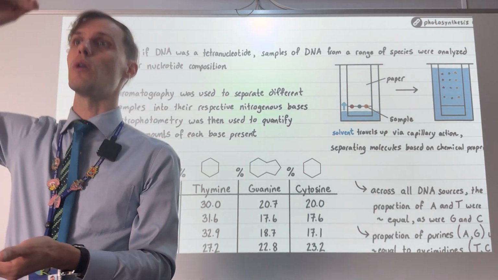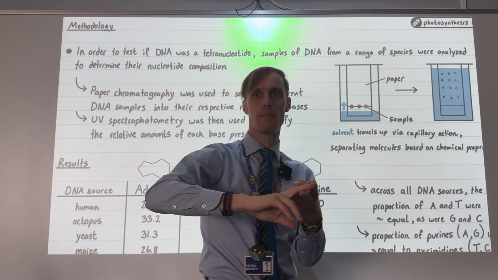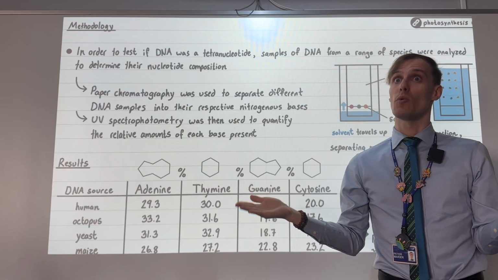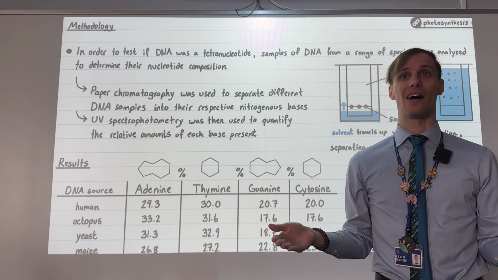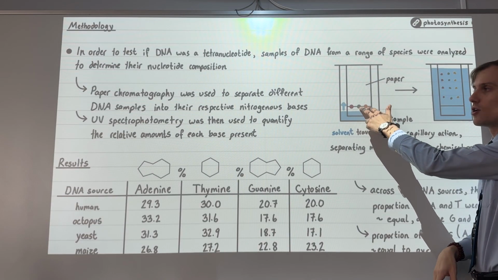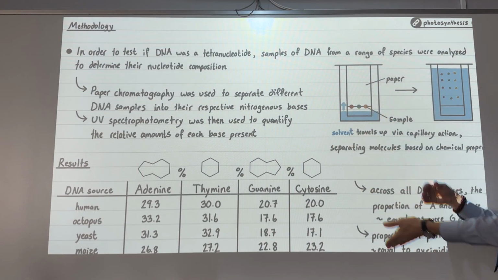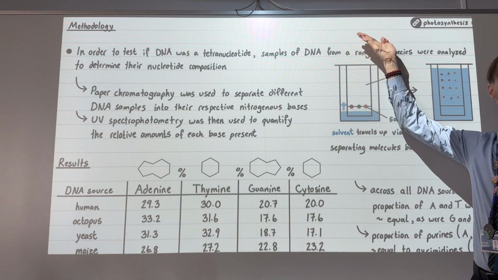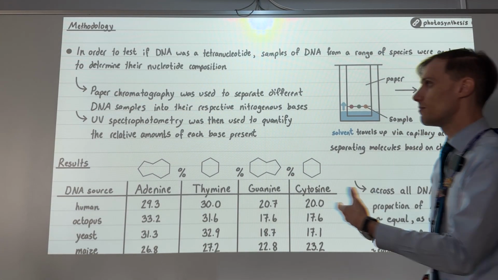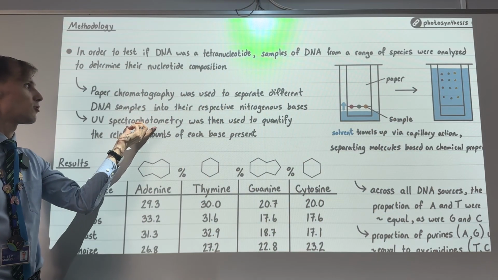And I want to see what the proportion of adenine, thymine, cytosine, and guanine is, and is it in fact 1 to 1 to 1 to 1, or is it not? How this technique works is you would place your sample of DNA here, you would use a solvent, that solvent then travels up this paper through capillary action, and the different nucleotides would be separated. You would then use something called UV spectrophotometry.